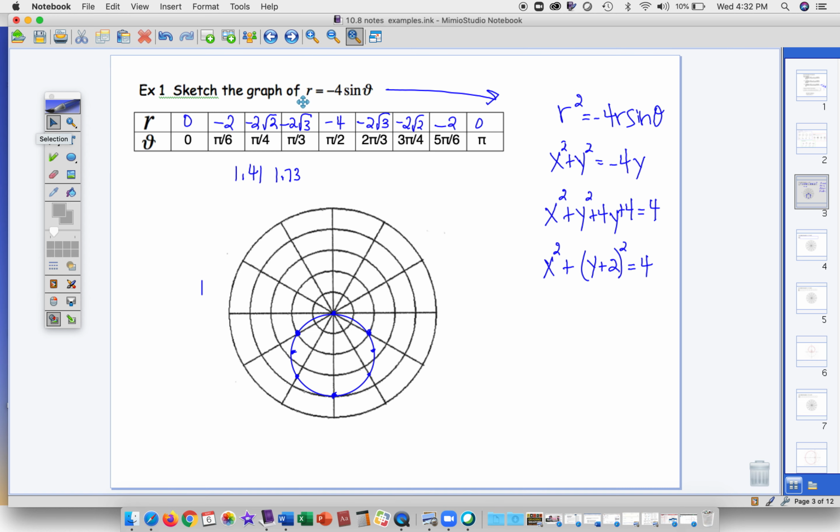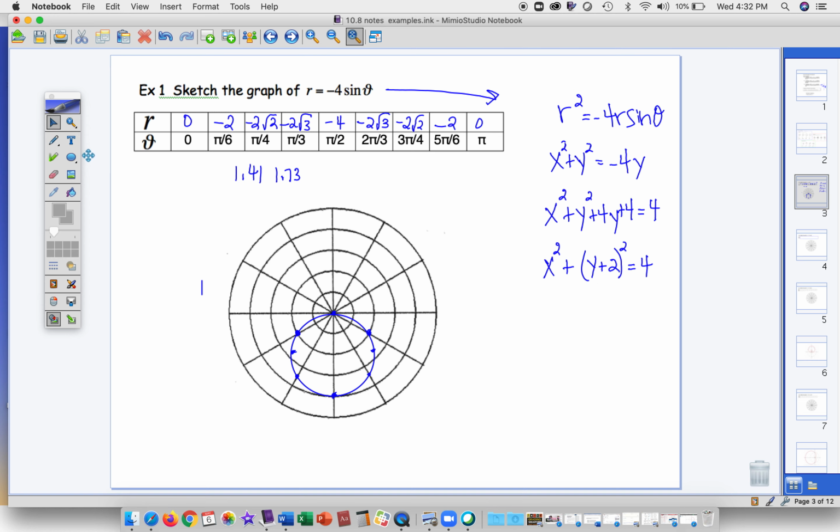I took this equation, I multiplied both sides by r, so I get r squared is equal to negative 4r sine theta. And then I did the substitution for r squared, x squared plus y squared, and I replaced r sine theta with y. So I added the 4y to the other side, completed the square, right, taking half of 4 and squaring it, adding that to both sides, and then I put this trinomial in factored form, and there's the equation of my circle.